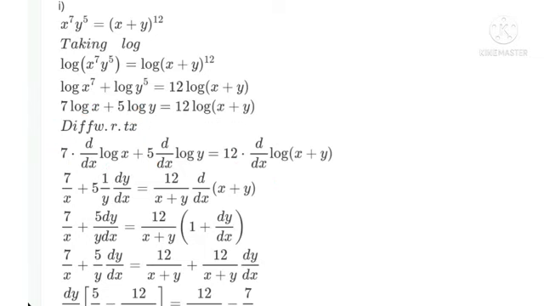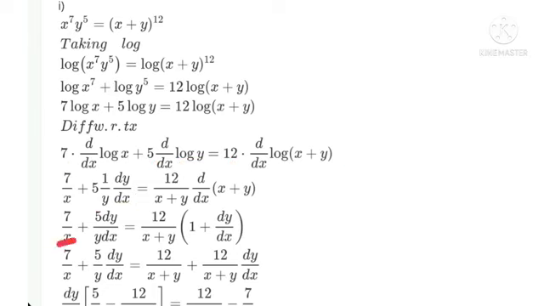So we get 7 as it is, derivative of log x is 1 upon x, 5 as it is, derivative of log y is 1 upon y into again dy by dx. 12 as it is, derivative of log is 1 upon (x plus y) into again the derivative of x plus y.